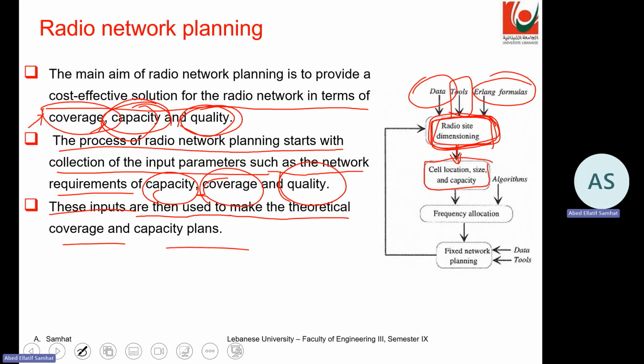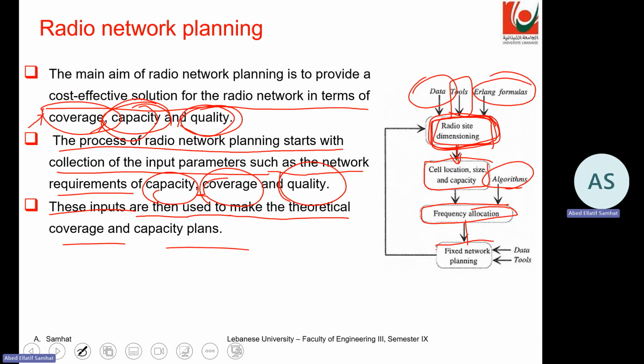So we have what we call a site survey. The engineer will go to the different areas to see what's the right position to build or put the cell. After that, we should allocate the frequencies using a specific algorithm. We will see some examples.